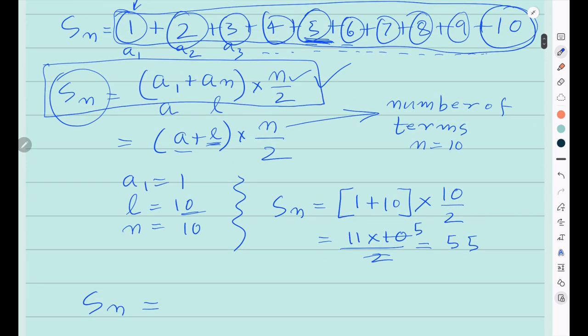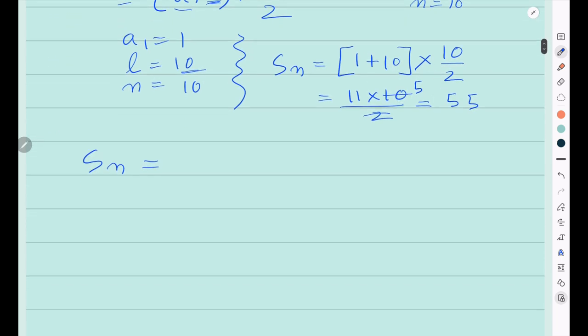We have already verified that it is equal to this: the first term plus the last term, times the number of terms, divided by 2.